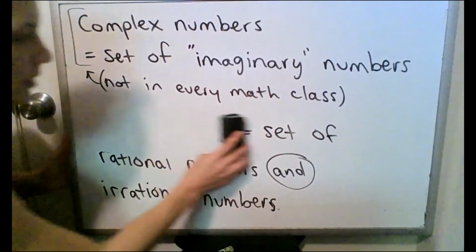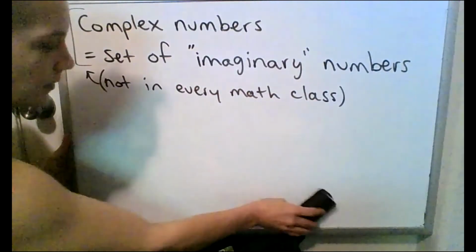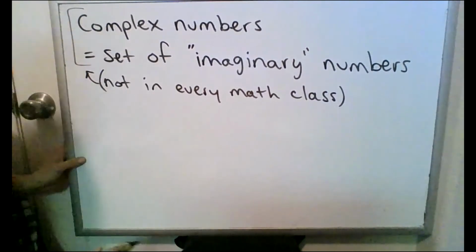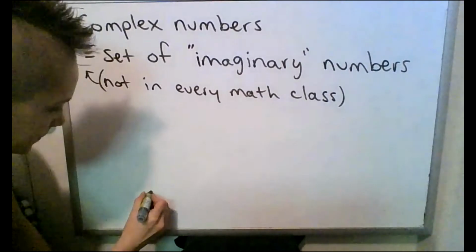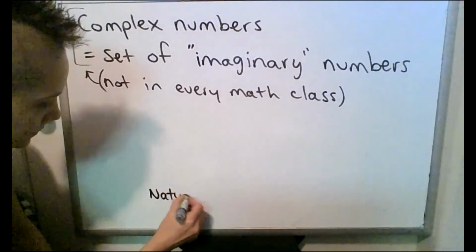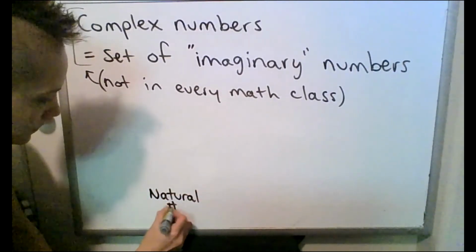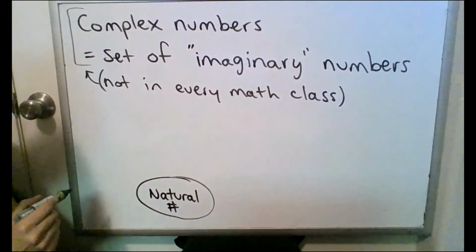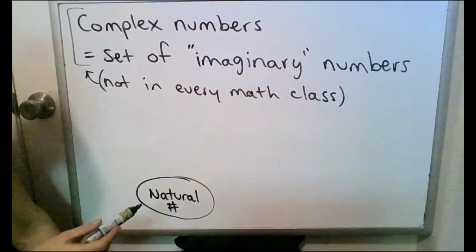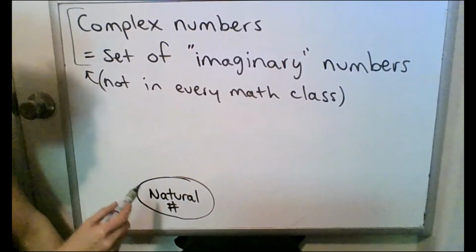Drawing a little sketch just to picture what's going on. We started with natural numbers. And then to the natural numbers, we included 0, and that got us to the whole numbers.